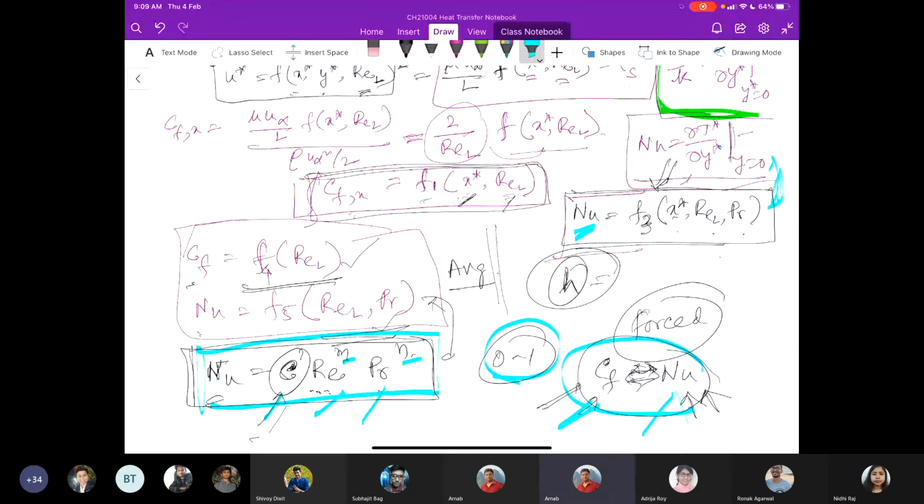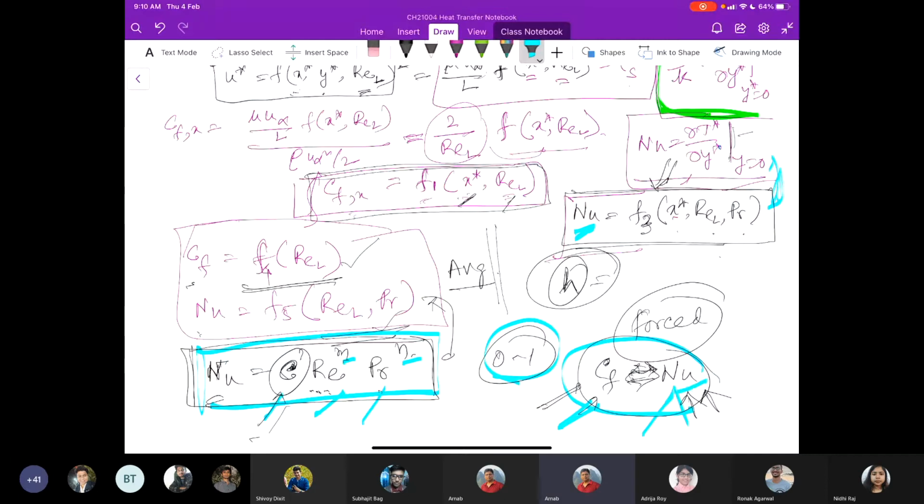On the other hand, the Nusselt number is related with the thermal boundary layer concept. So our job in this heat transfer course is to find out what my h value is, the convective heat transfer coefficient. For that, if we find the value of the Nusselt number, it helps.